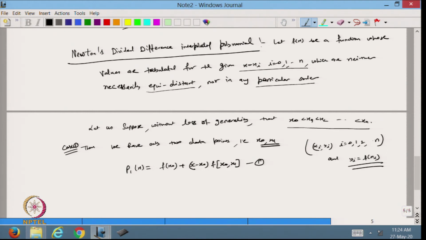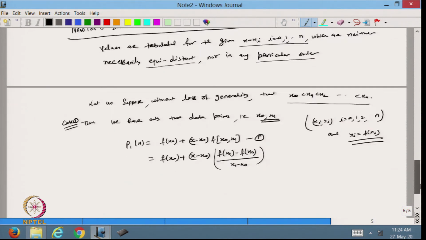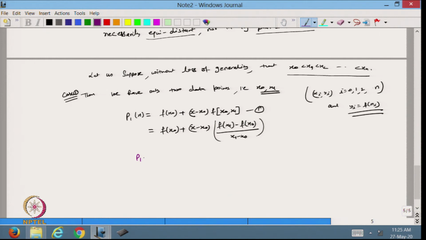And if I put p1 at x1, this will be f(x0) plus (x1 minus x0) times (f(x1) minus f(x0)) divided by (x1 minus x0).